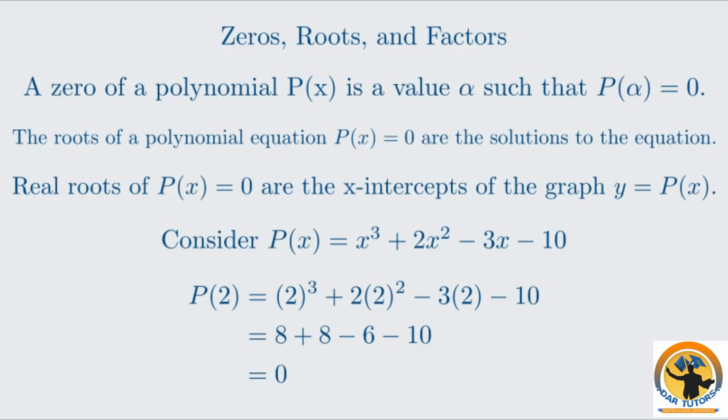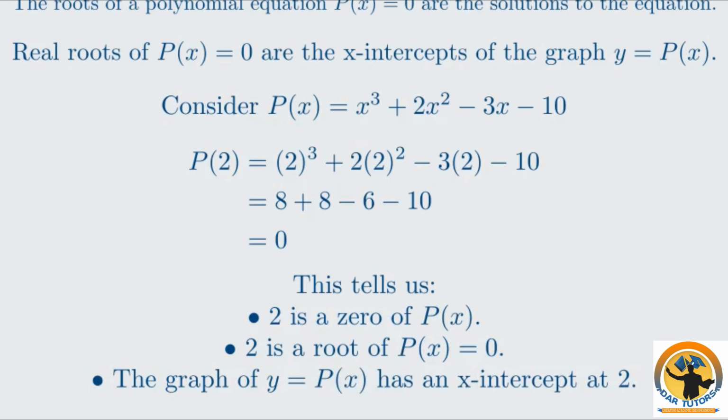This simplifies to 8 plus 8 minus 6 minus 10, which equals 0. Because p of 2 equals 0, we can conclude several things. First, 2 is a zero of the polynomial p of x. Second, 2 is a root of the equation p of x equals 0. And third, the graph of y equals p of x has an x-intercept at x equals 2.